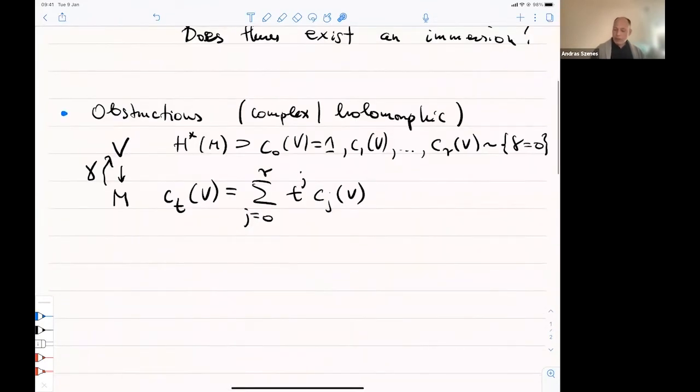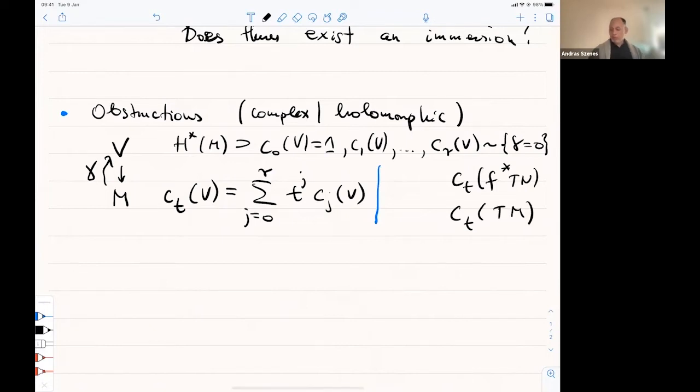And so in our current setup, we can define the following thing. We can look at C_T of the pullback of the tangent bundle of N, and also just the total Chern class of the tangent bundle of M, and we can look at its quotient.